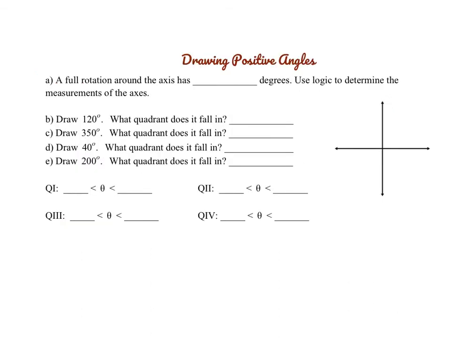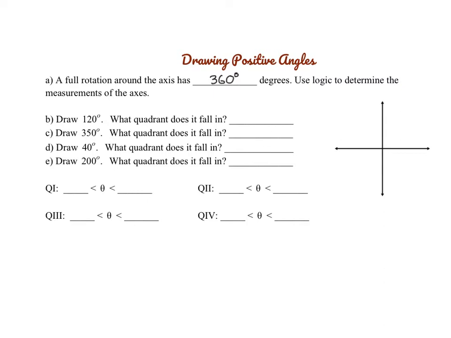All right, so let's start with talking about how to draw a positive angle. A full rotation around the axis has 360 degrees. So we're going to see if we can first use logic to determine the measurements of our axes, and then we can talk about how to draw our angle.